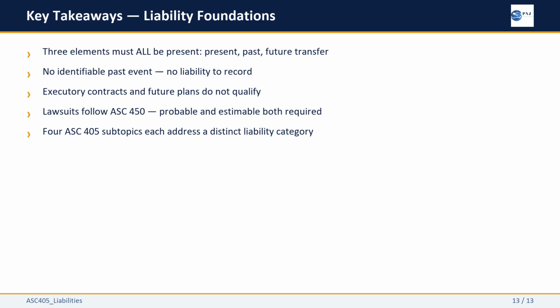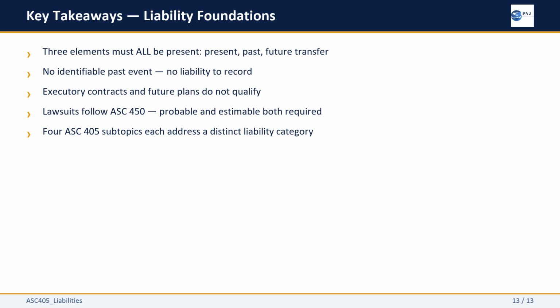Let us bring it together. A liability under US GAAP requires 3 things simultaneously: a present obligation arising from a past event that will require a future transfer of assets or services. If you cannot identify the past event, you cannot record a liability. Future plans and executory contracts fall outside the definition entirely.